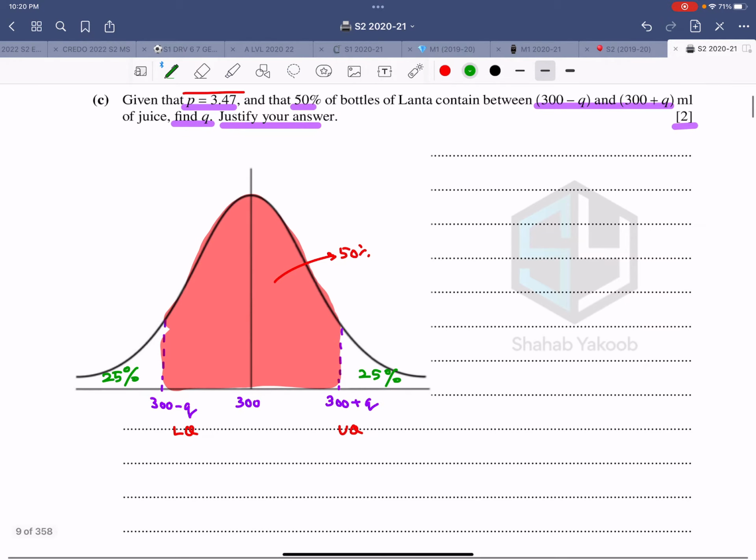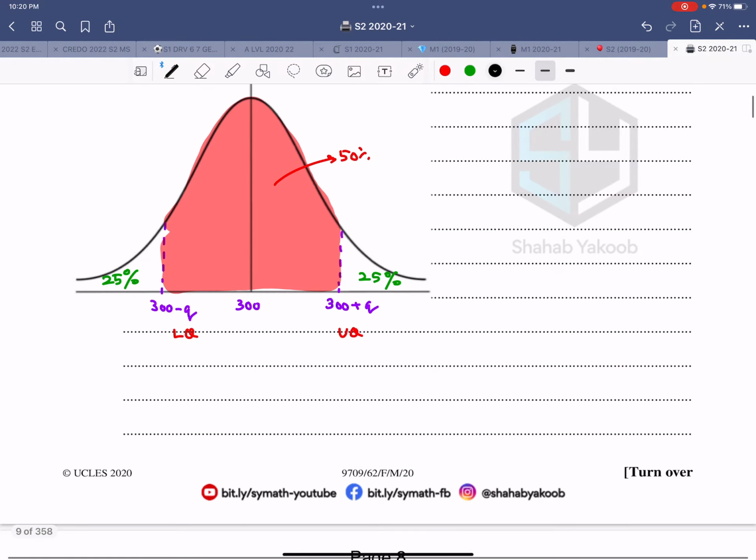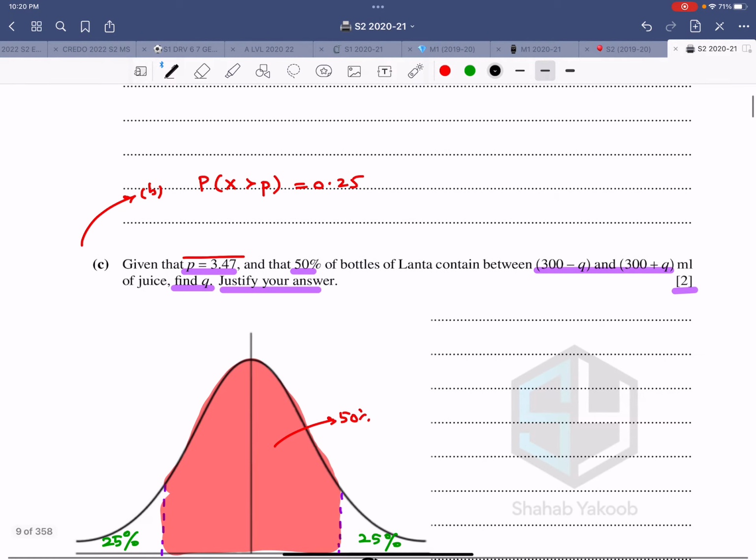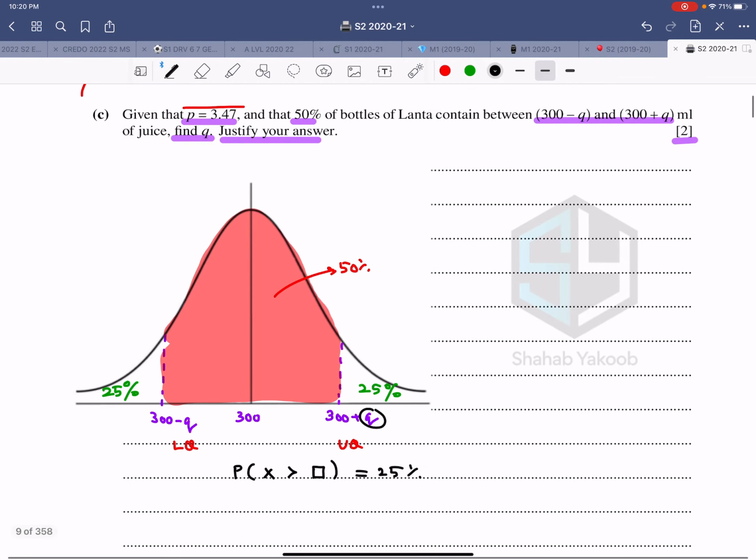Now, isn't this equation probability x greater than something is 25%? So that something would be this q, because we are talking about the x's. And isn't this the same thing as the previous part? So what is q? q is in fact p, that comes out to be 3.47. The extra 1 mark is basically for making this particular diagram.